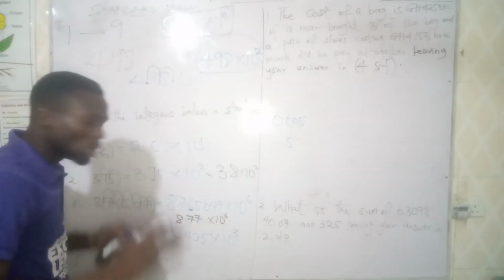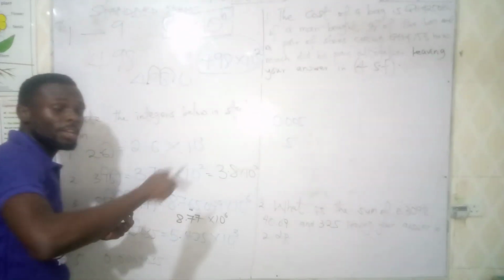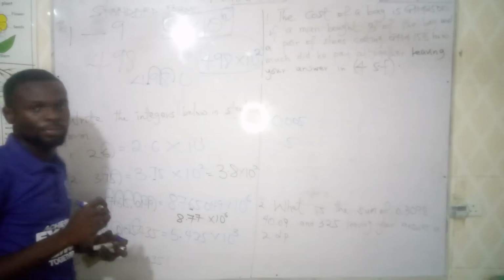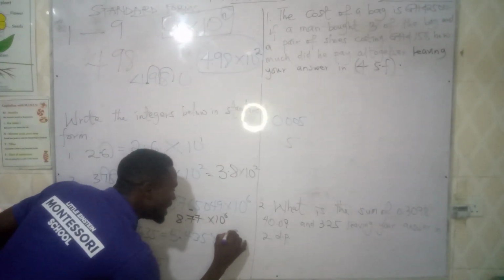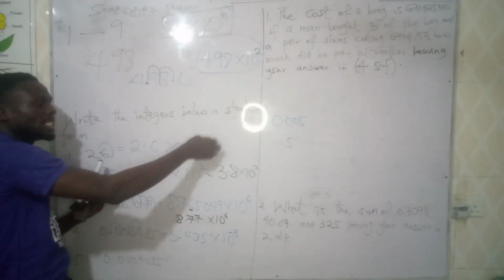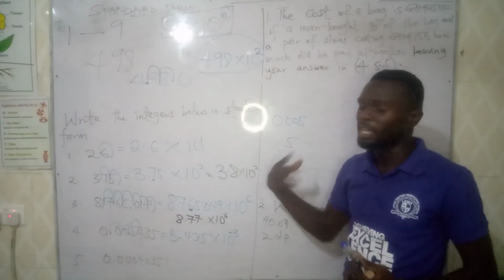We are not done. Looking at the direction, we moved to the right. So if you move to the right, then the power of 10 must be negative. So we are going to write -3. Because we moved to the left, getting positive, we don't write the plus, knowing that 1 is positive.